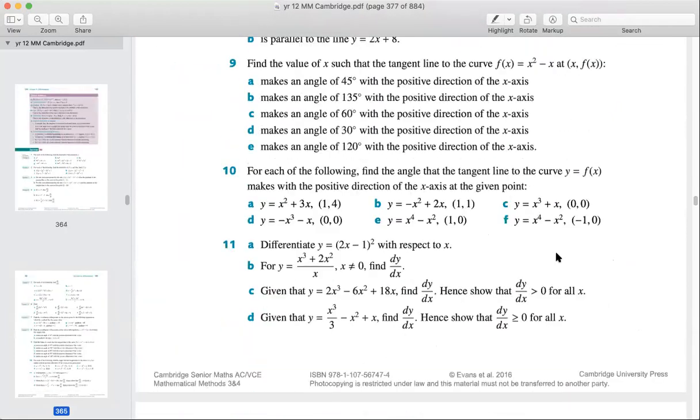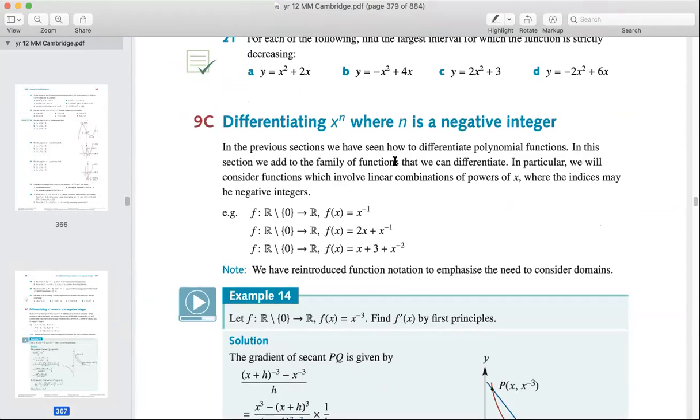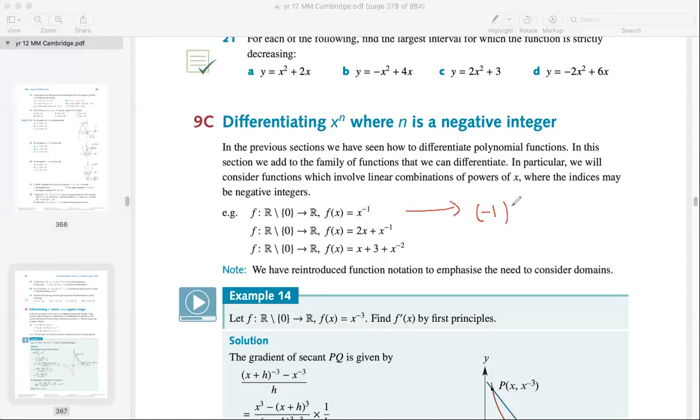And I'd like to go slightly more, a little bit for 9c, because this is the same thing. The n is just a negative integer, but it won't influence our answers. For example, if my x is to the power of -1, the derivative is -1 times x to the power of -1 minus 1, so it's negative x to the power of -2.